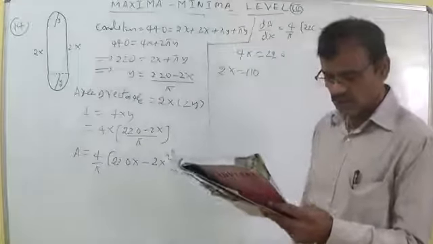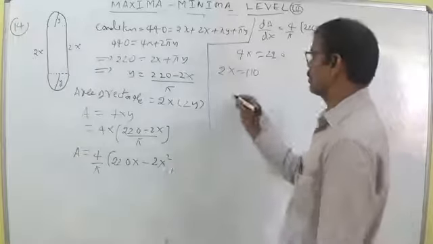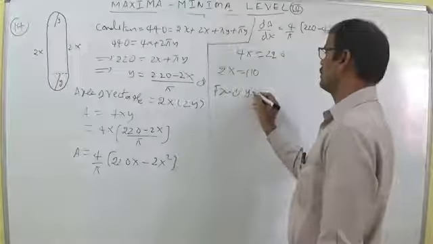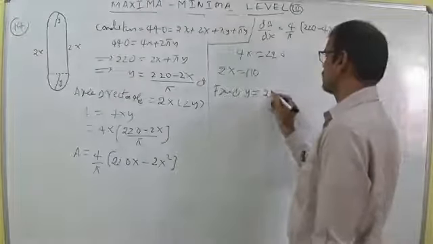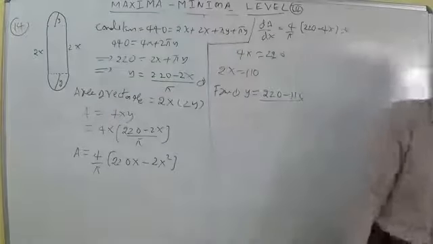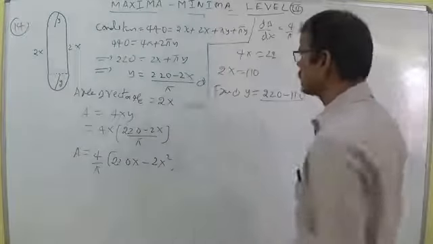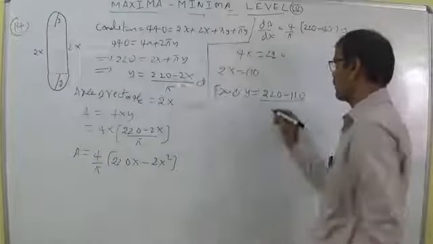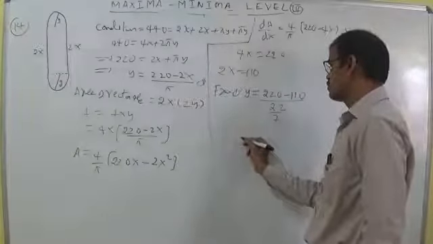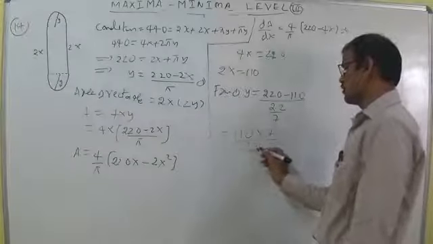Now let us discuss the breadth y. Taking it as the first equation, y is equal to, substituting the value of 2x here, (220 minus 110) by pi. In the question the numbers are given, not pi, so let us use the value 22 by 7. 220 minus 110 becomes 110, and this is 7 by 22.